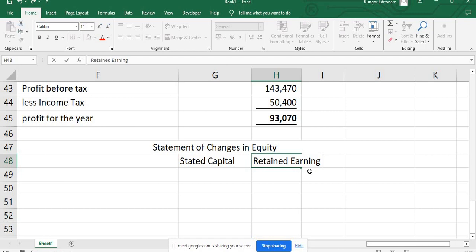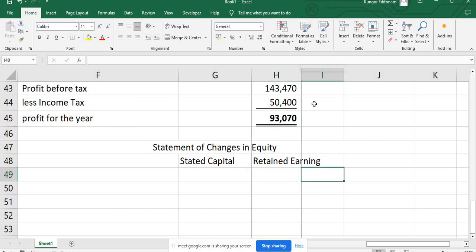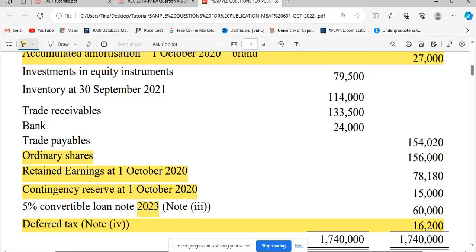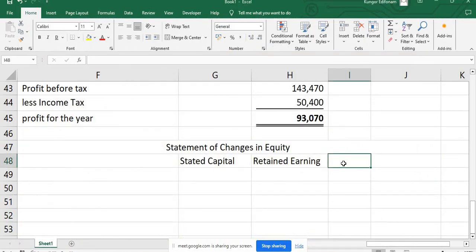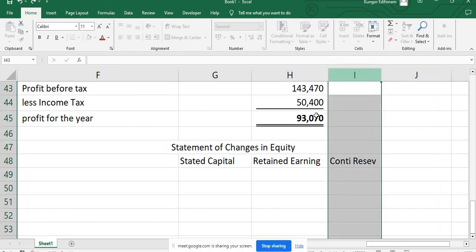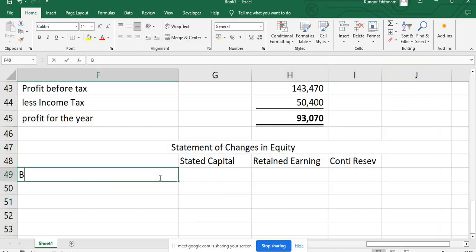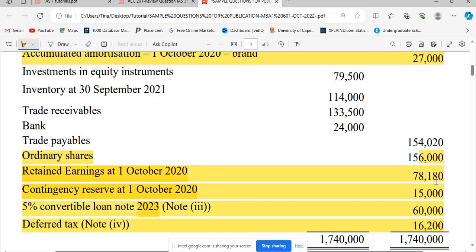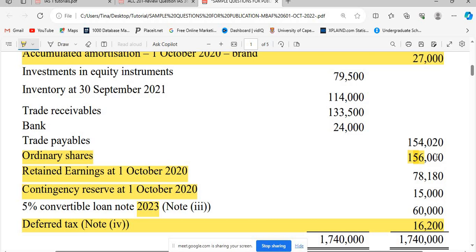Then the next one will be our contingency reserve. Okay. All right. Then we will have the balances. So we just report everything you have here. These three. So this, and then this.